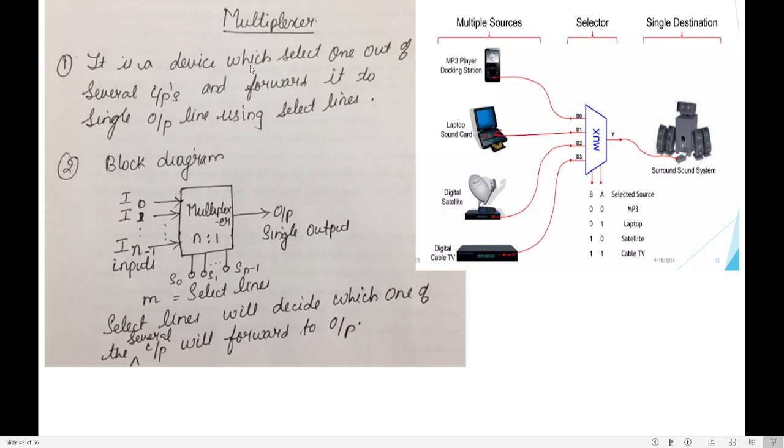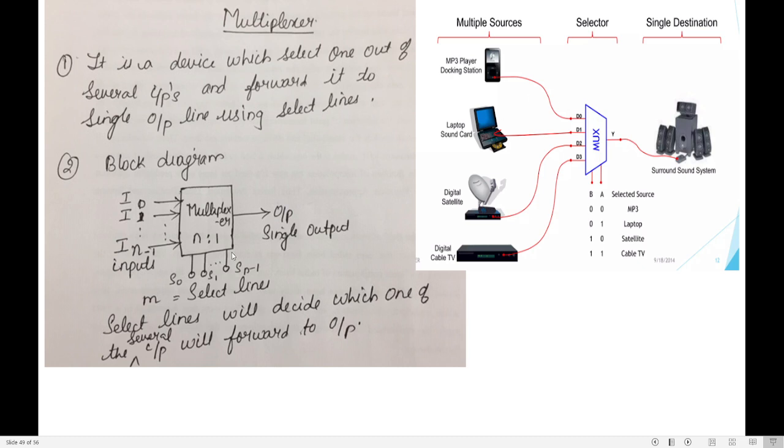A multiplexer is a device which selects one out of several inputs and forwards that input to the output. So the job, or the objective, of a multiplexer is to select one input out of several inputs and forward it to the output.